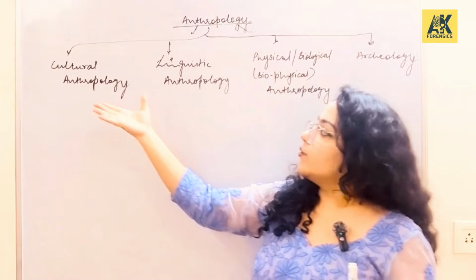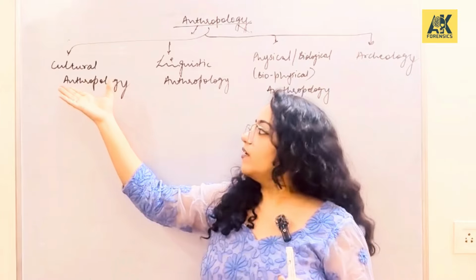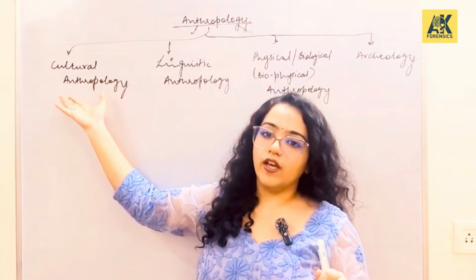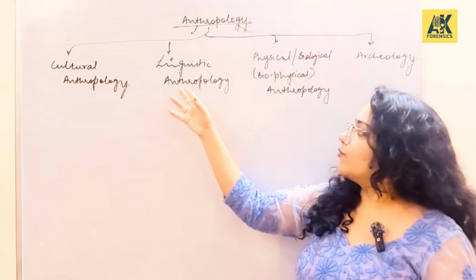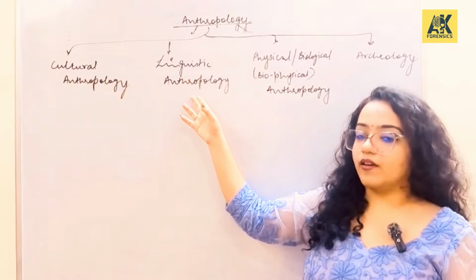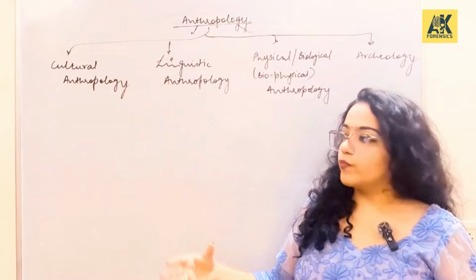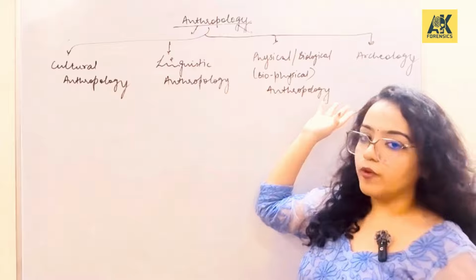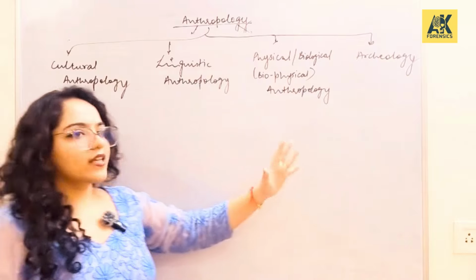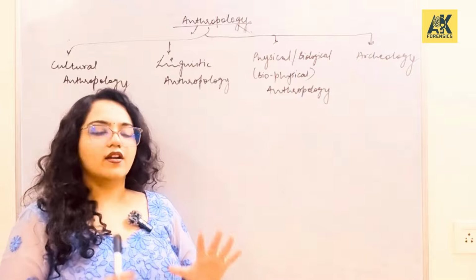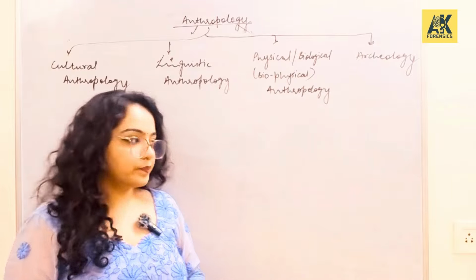So when you learn their cultural anthropology, you would find yourself knowing about their linguistic aspects also. So these 4 branches are not very segregated from each other, but they have been created just to make our learning a lot more feasible.